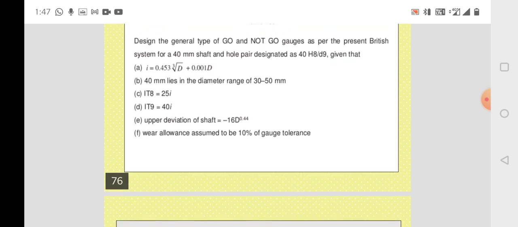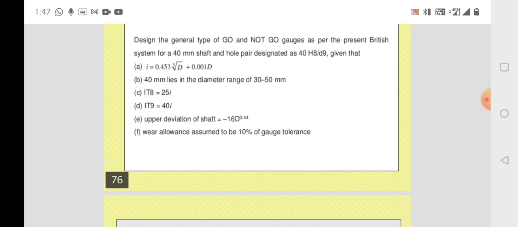So the formulas for all this are given in the problem, and they will be given in the problem in the exam also. So I is equal to 0.45 cube root of D plus 0.001 D. Then second, 40 mm lies between the diameter step of 30 to 50, that is also given.